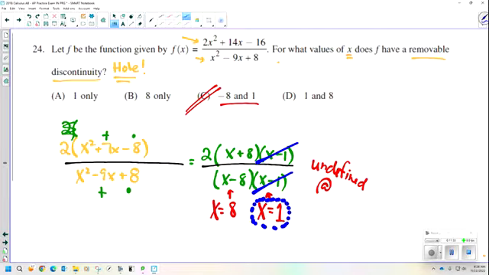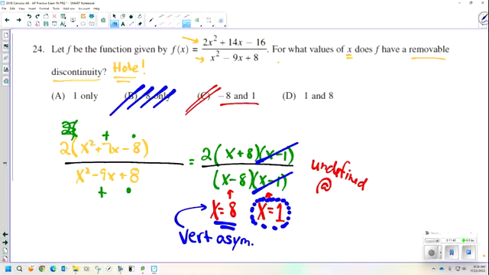So what does that mean? It's not just 8. Whenever I have something like this, there is a vertical asymptote right here. That is not a removable discontinuity. That's not a hole. That's a vertical asymptote.